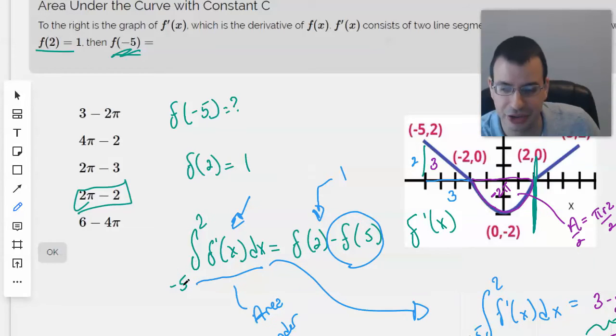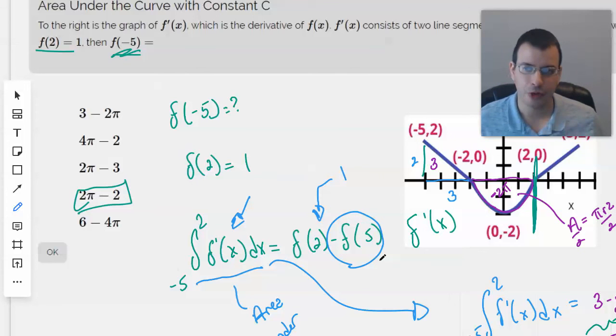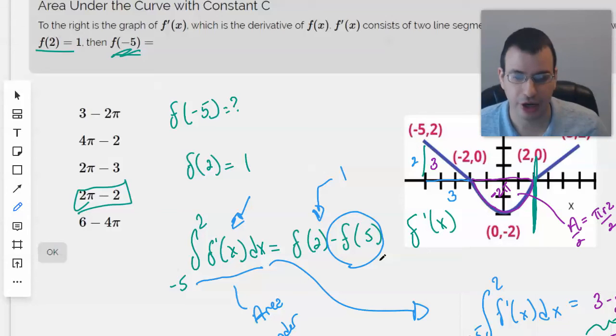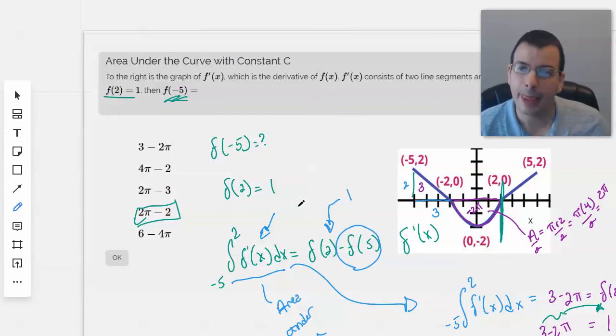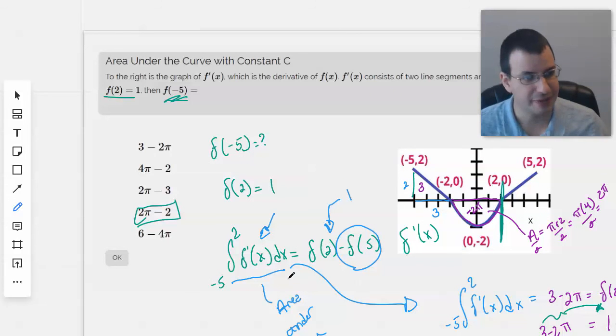So if we take the integral from negative 5 to 2, we get f of 2 minus f of negative 5. And we don't usually normally do that, but it's how the math falls out. And even though we're normally used to using integrals, big F's, small f's work too. And so this is kind of how the math falls out.